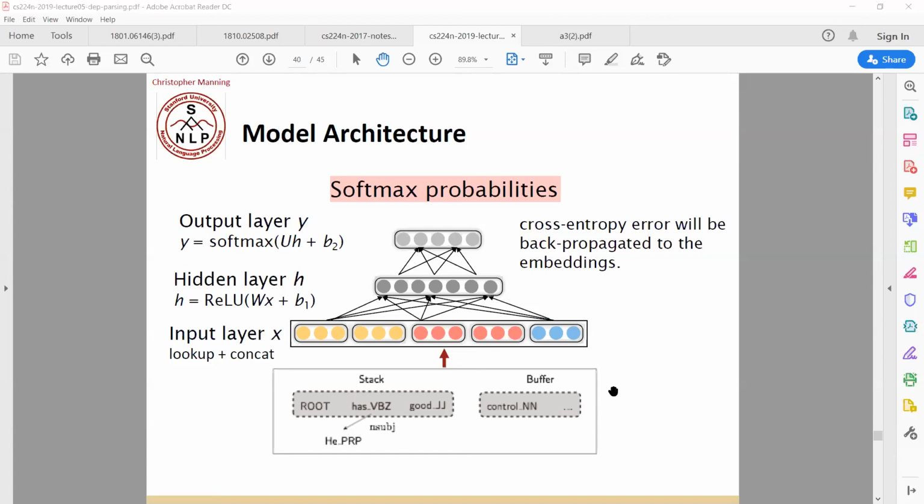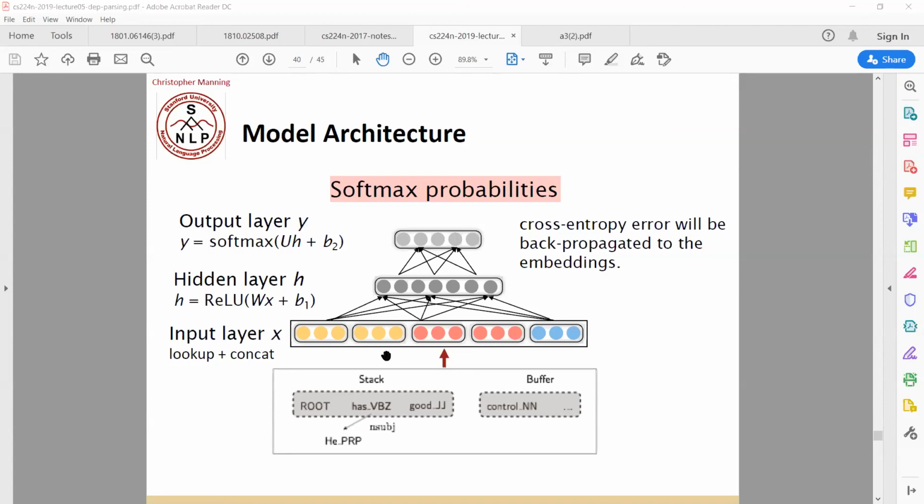Ultimately, that's what you want to decide, right? Which of the three operations should you take? And that's what the neural network is trying to predict based on the inputs. The inputs are based on the embeddings generated from the state of the stack and the buffer. That's the structure that's being set up.